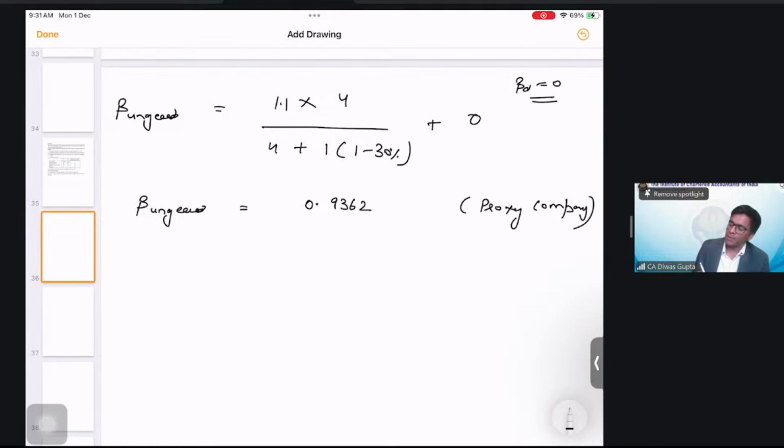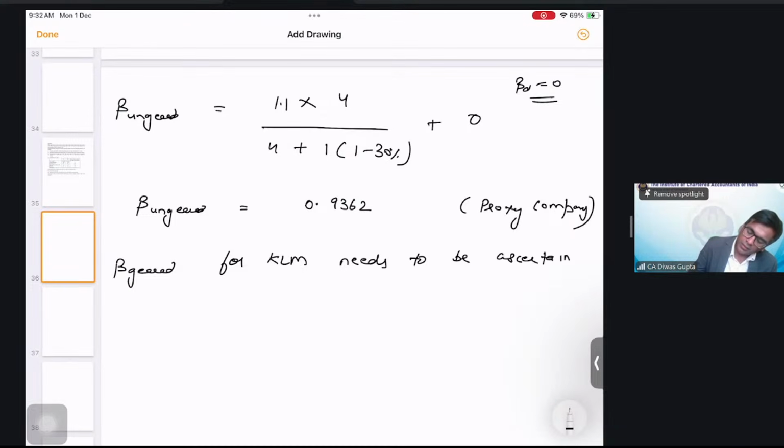So students, now we will have to compute the beta geared for calculating the cost of equity. Beta geared for KLM needs to be ascertained for calculating KLM cost of equity.